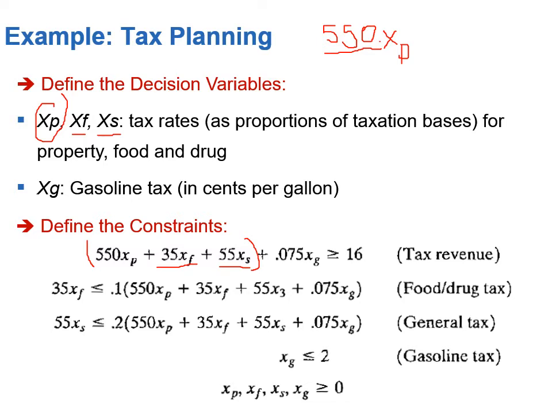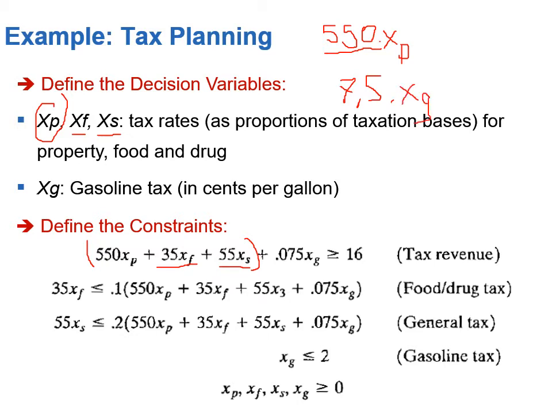On the other hand, for the gasoline, if you remember, the annual usage of gasoline was 7.5 million, and we defined XG as cents per gallon.